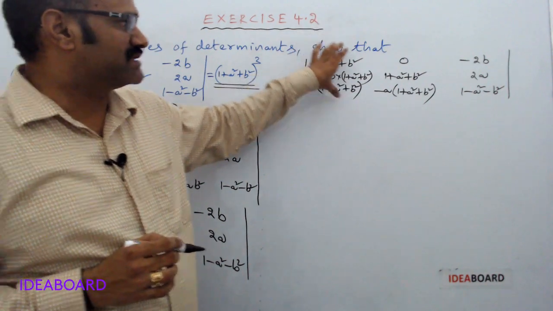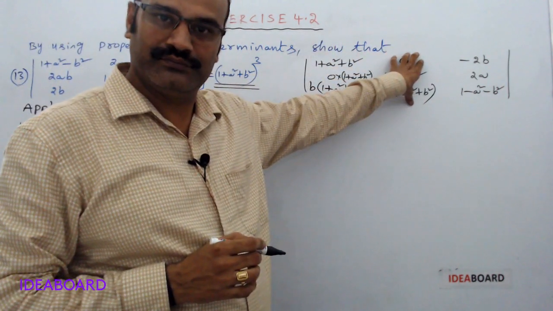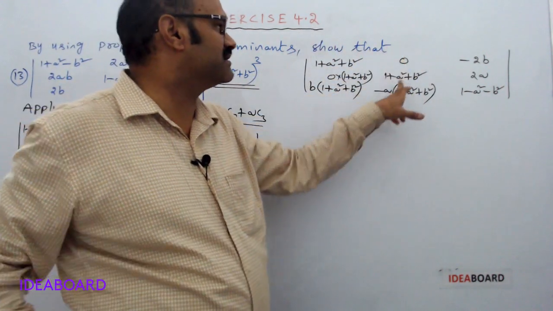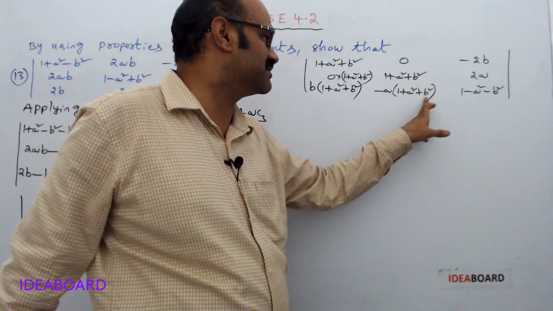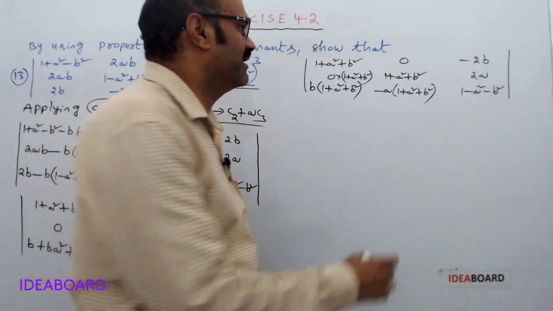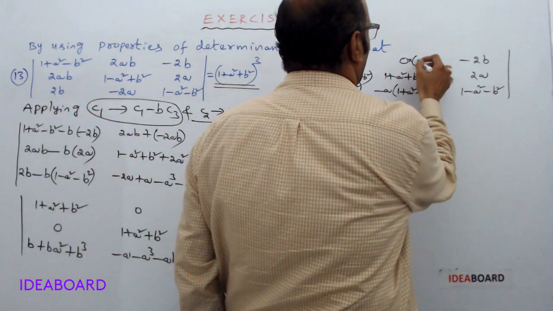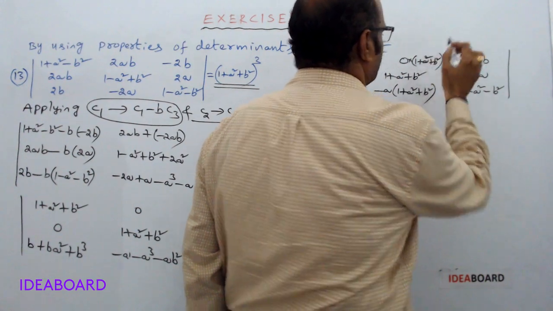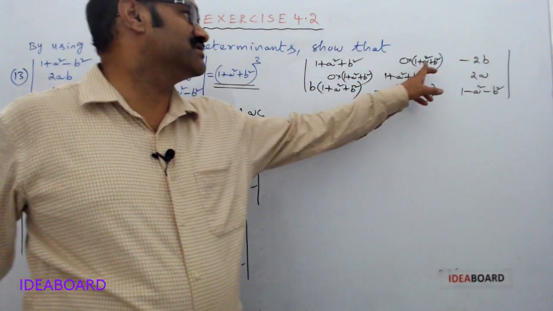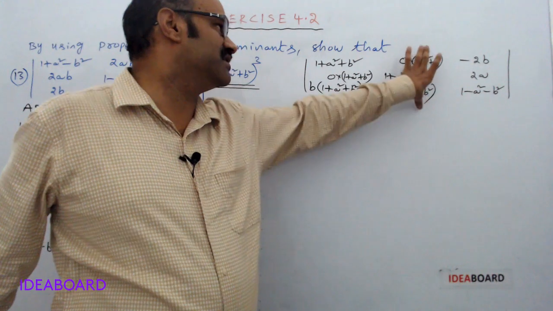Now let us come to c2. Is there any common factor in c2? Yes, 1 plus a square plus b square. Here you have 0, we can write it as 0 into 1 plus a square plus b square. So 1 plus a square plus b square is a common factor in c2.